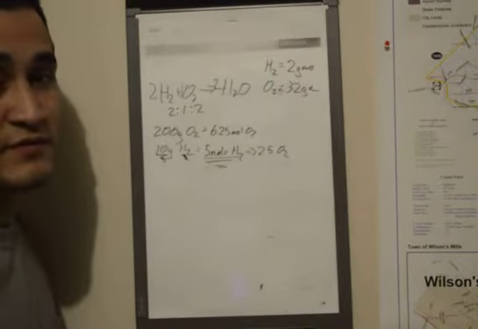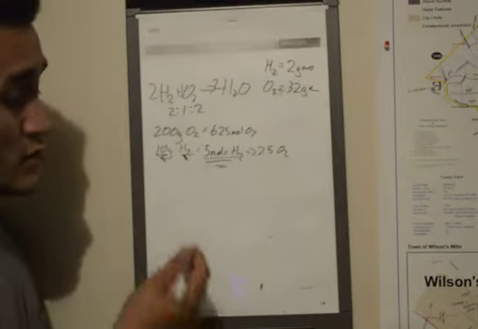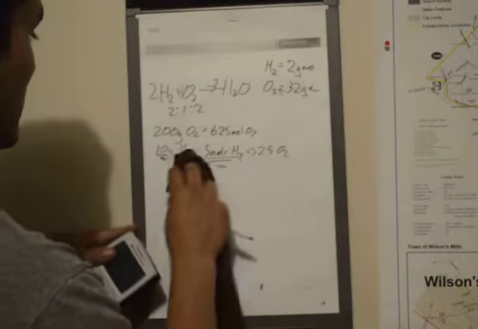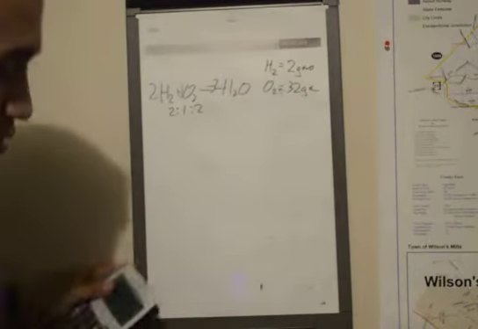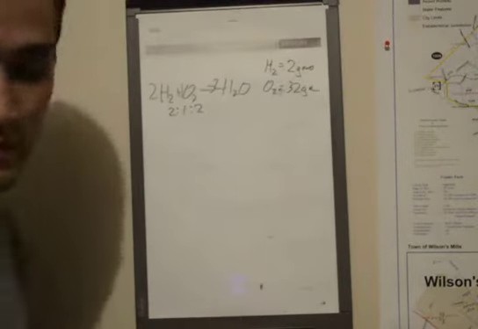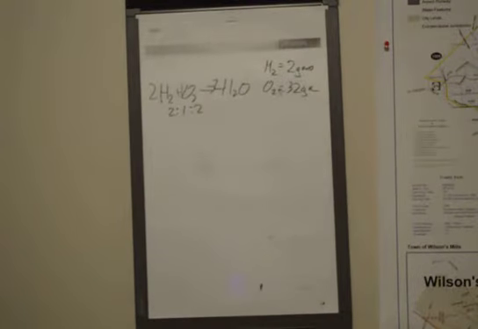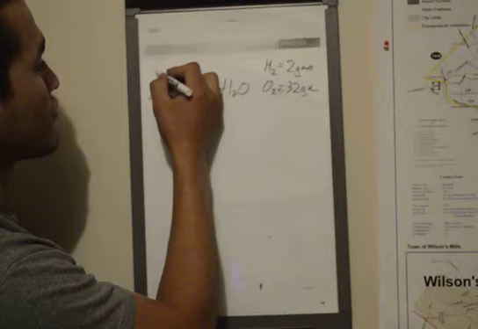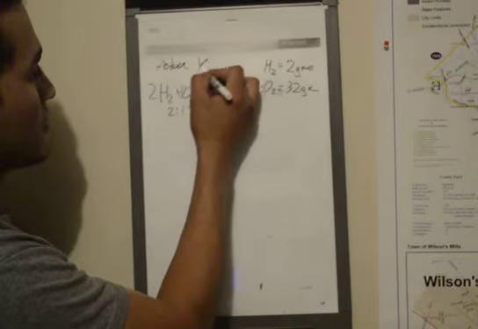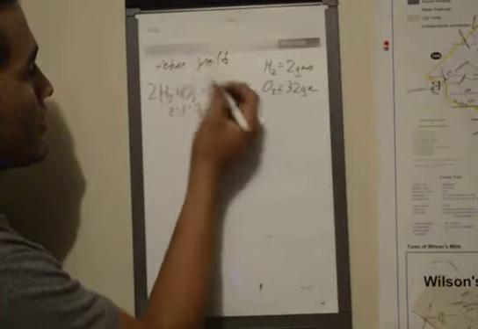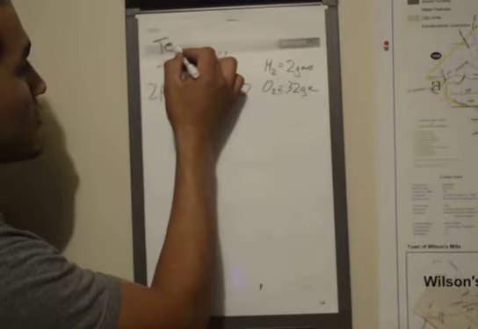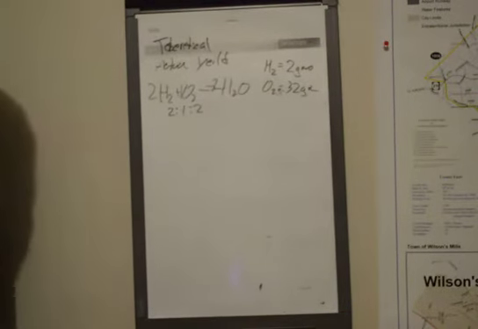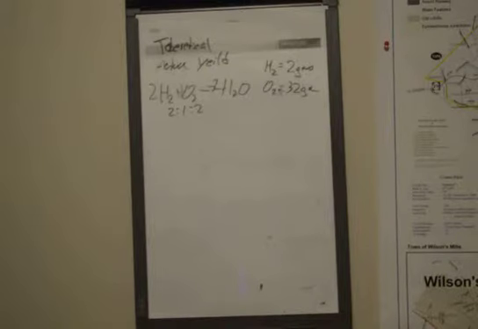The next step is to figure out what your percent yield is. In any percent yield problem, you are given an actual yield, and you have to find out what your theoretical yield is. Let me just check and see if this is visible.